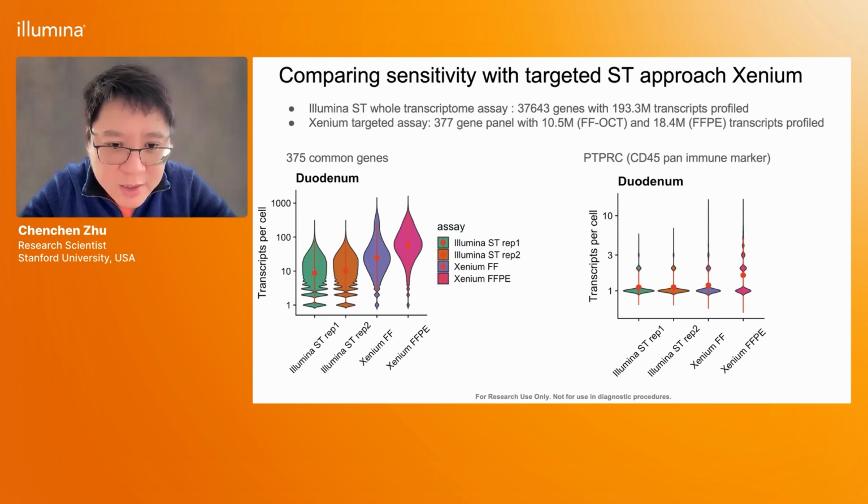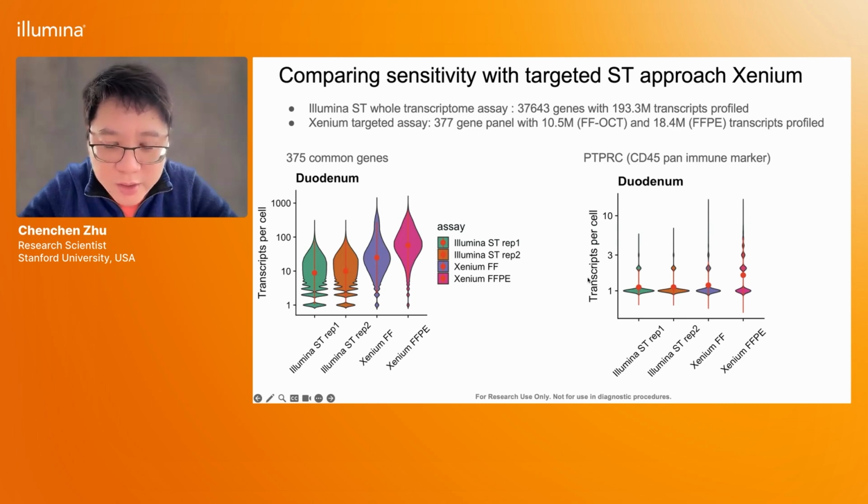But as expected, the targeted assay with the Xenium comes out a little bit higher in terms of sensitivity. So for the shared 375 genes, we are getting about 10 for the Illumina assay and about 15 for the fresh frozen sample, and about 20 for the FFPE sample with the Xenium.